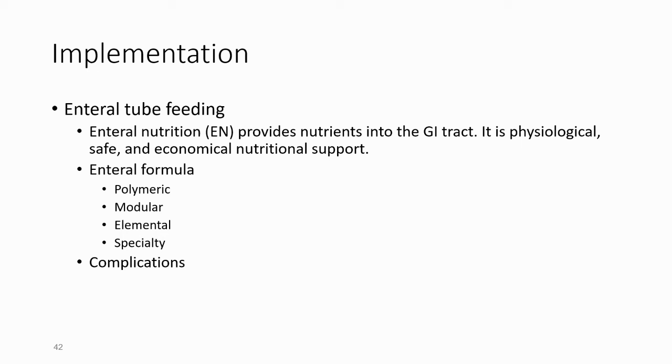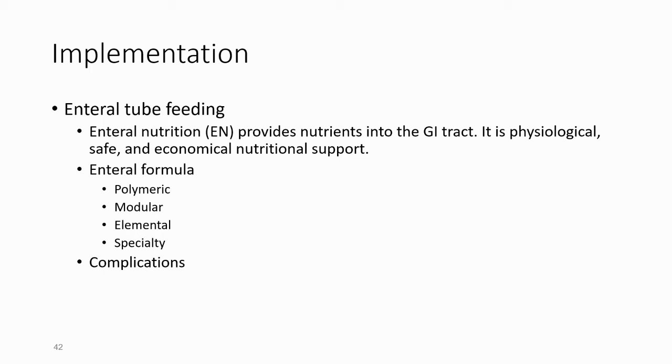Now, there are 4 types of enteral formula: polymeric, modular, elemental, and specialty. And these are very much modified for the patient by the nutritional specialist according to their specific physiologic needs. Take, for example, a patient that maybe has a burn, which is a hypermetabolic state, and we are supplementing their nutrition with enteral tube feeding.